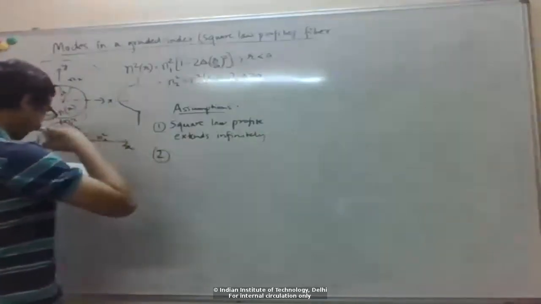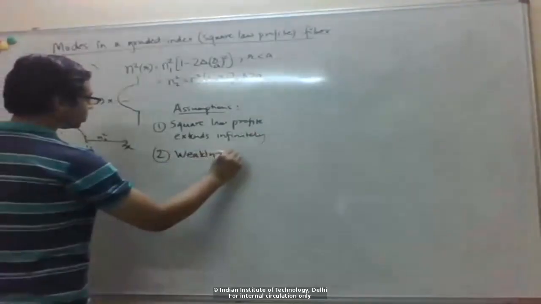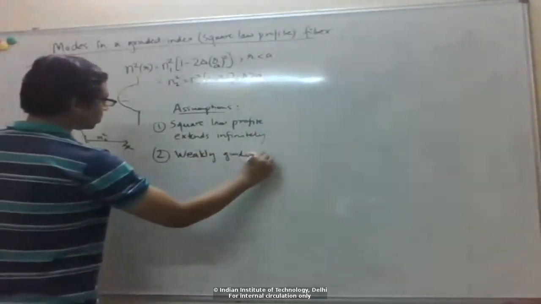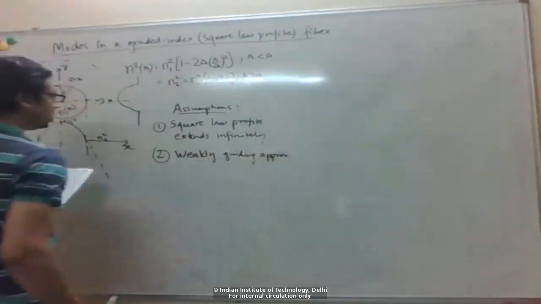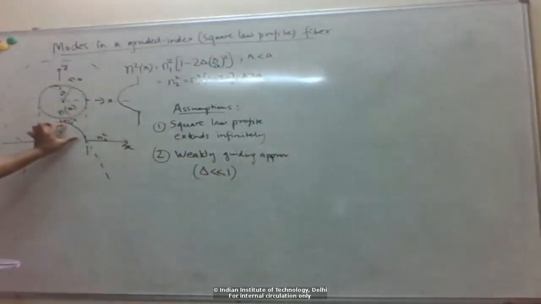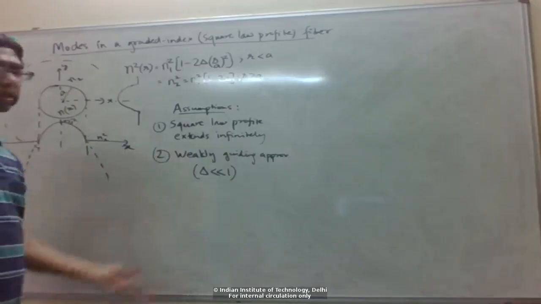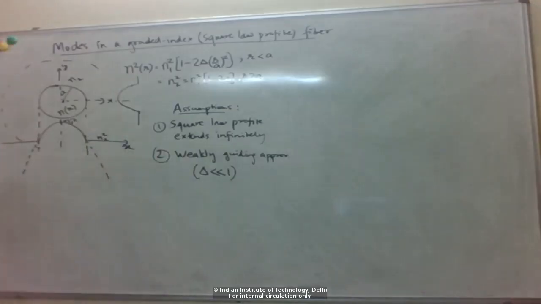And the second assumption we'll make is the weakly guiding approximation, so this difference is small. Again, for practical fibers this is true, and the modes we can then solve using the scalar wave equations, as opposed to the exact vector modes.